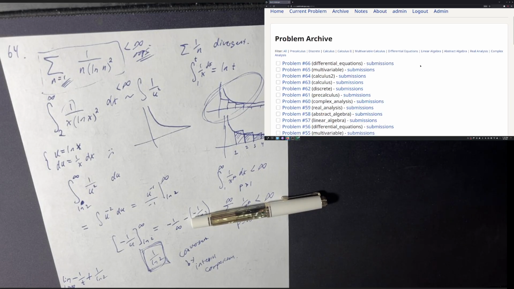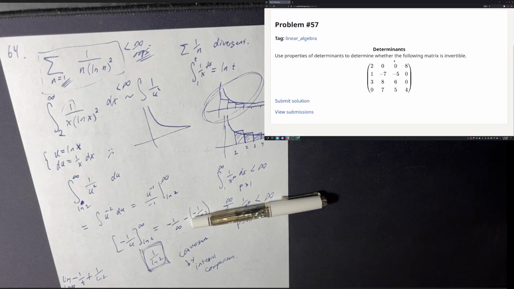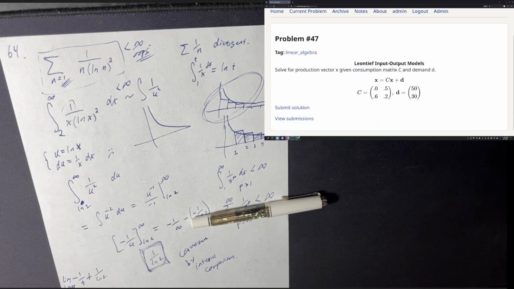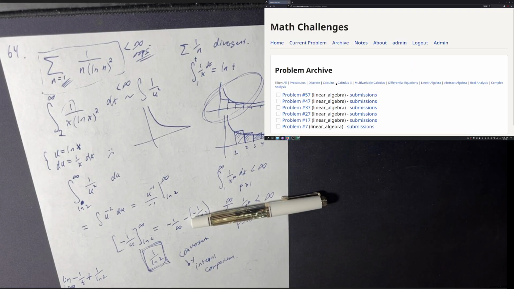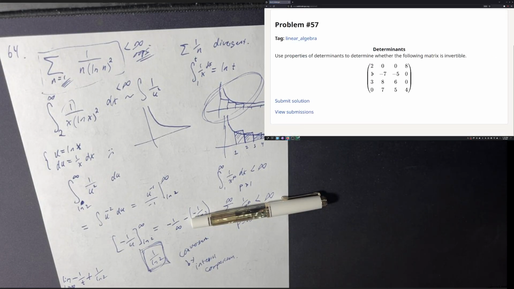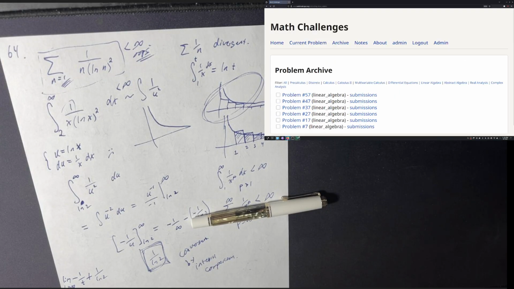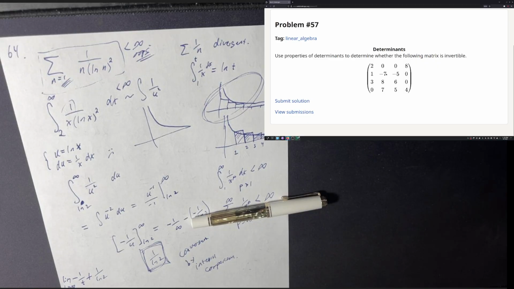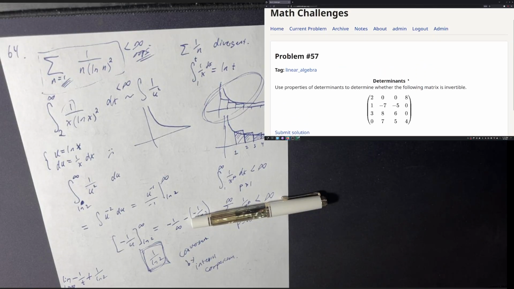It'll be a linear algebra question, and it's following this. The previous question was on determinants. Prior to that was a Leontief input-output. So you can kind of roughly guesstimate, it goes roughly once a week. Like this was week 1, week 2, week 3, 4, 5, 6. So the next question is something that you would probably see roughly in week 7 of a linear algebra course, is what's going to be on tonight.